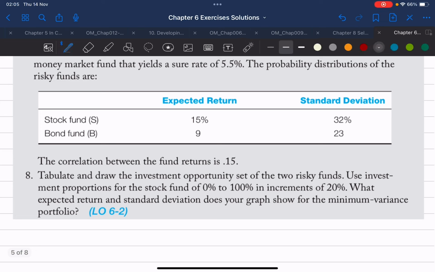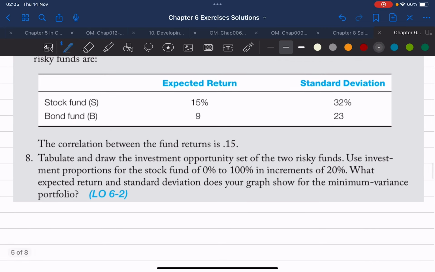First let's write down the data that is given in the question. These represent the inputs or the parameters of the opportunity set. The expected return on the stock fund, we'll denote it as expected return S, is 15%, and the expected return on the bond fund, expected return B, is 9%.